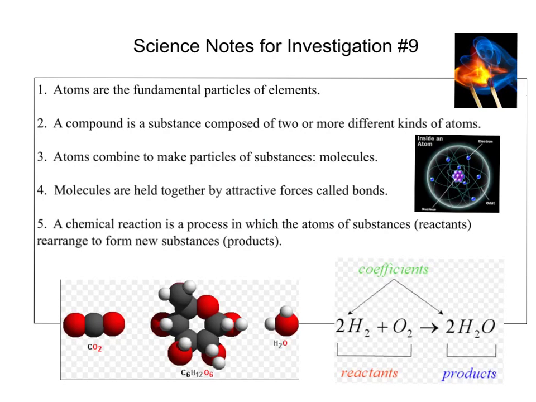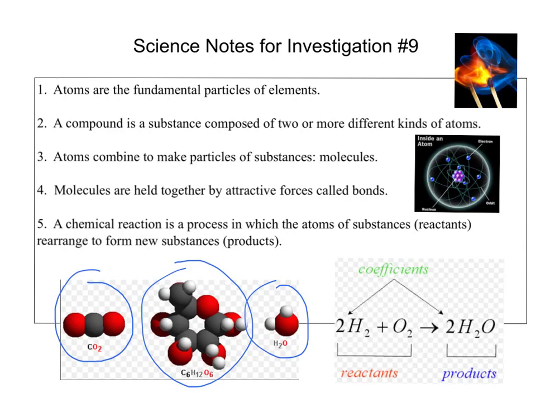So down below here, I have pictures of a molecule of carbon dioxide, a molecule of sugar, and a molecule of water. And those molecules are made up of atoms, and they're bonded together to make molecules.